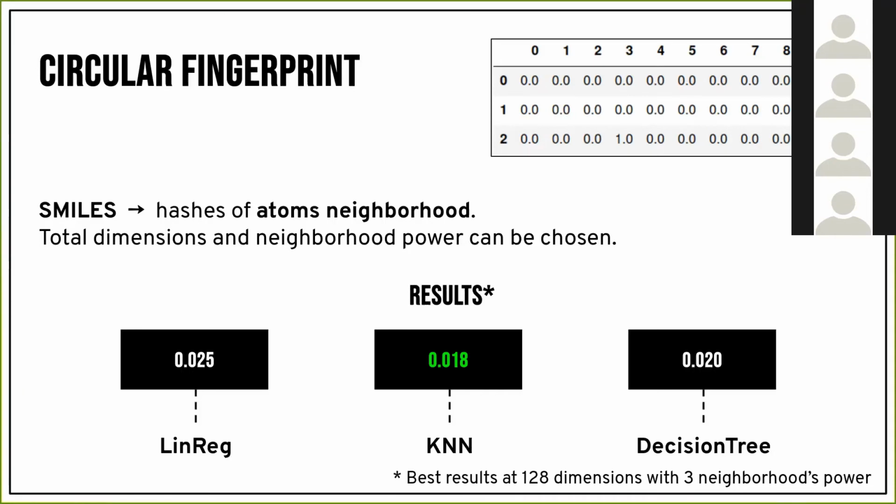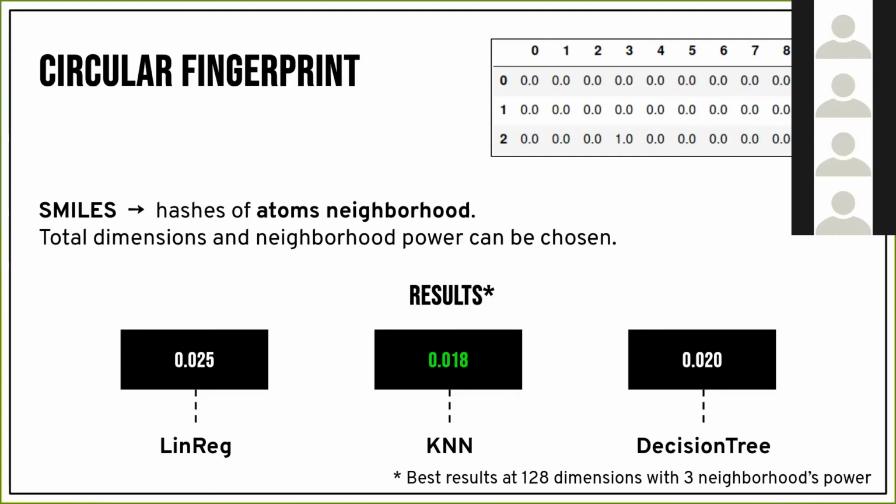It hashes the information about graph relations in the molecule into a vector of fixed size. So the results are quite good. Again, we've beaten the 0.02 threshold.